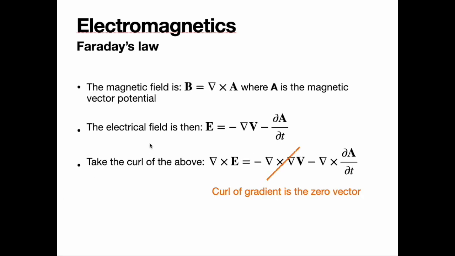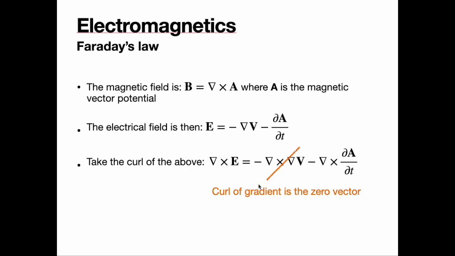So let's do one more step. We now take the curl of the above relationship, so we apply the curl operator to E, and we apply the curl to all this part here. We distribute the curl: we take the curl of the gradient of V minus the curl of dA dt. Now you should remember that the curl of the gradient is a zero vector.